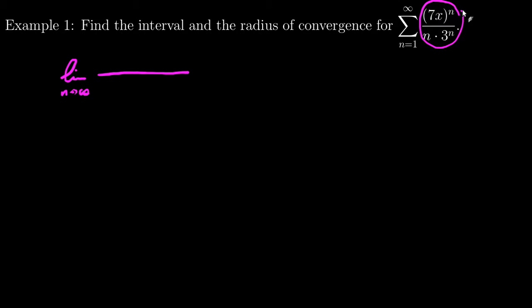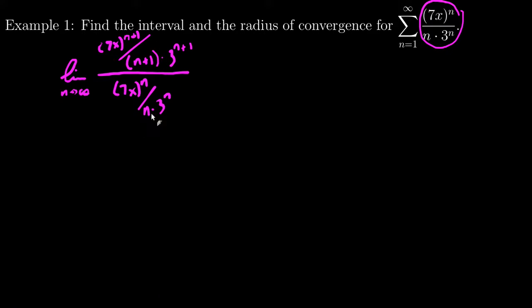So I have 7x to the n over n times 3 to the n. And on top I should have the n plus first term, so everywhere I see an n, I'll replace it with an n plus 1. So that is going to be 7x to the n plus 1 divided by n plus 1 times 3 to the n plus 1.